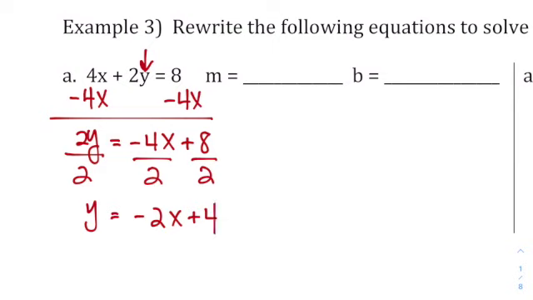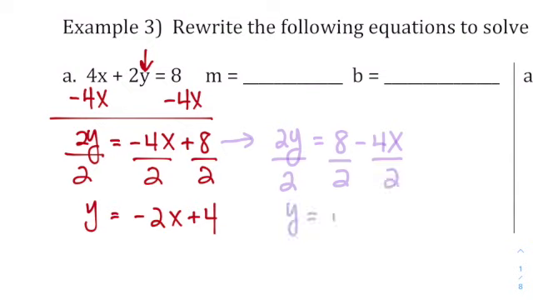Right here, if you write it as 2y equals 8 minus 4x, it's not wrong. You just have to be able to identify where your slope is and where your y-intercept is. And that's y equals 4 minus 2x.